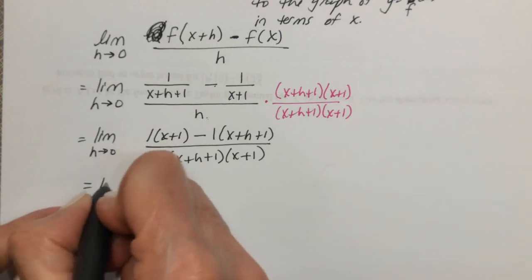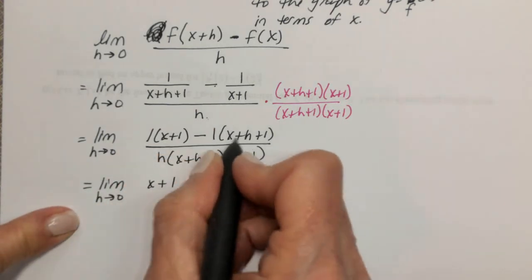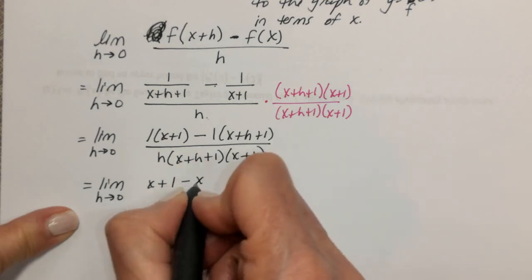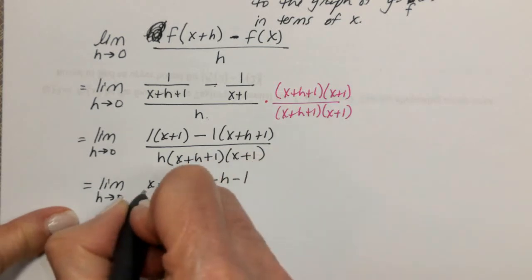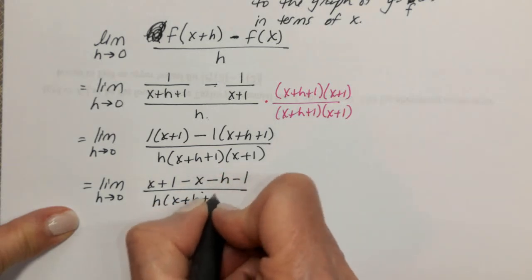So we have in our numerator x plus 1, and we have minus x minus h minus 1 all over this. I'm not changing this.